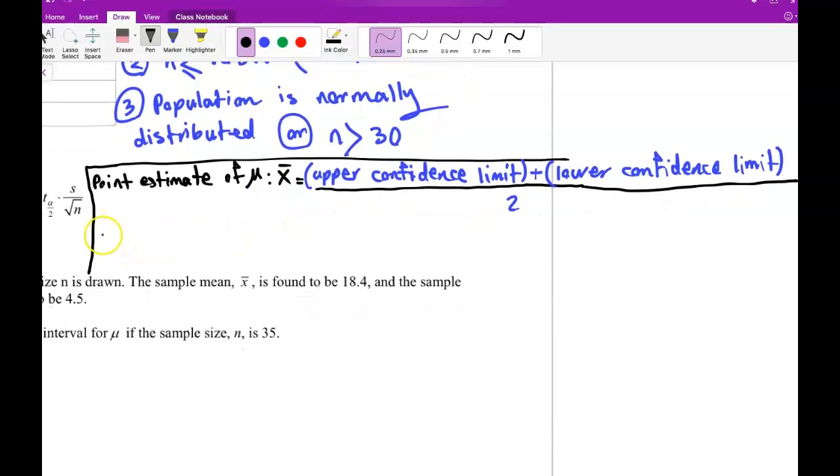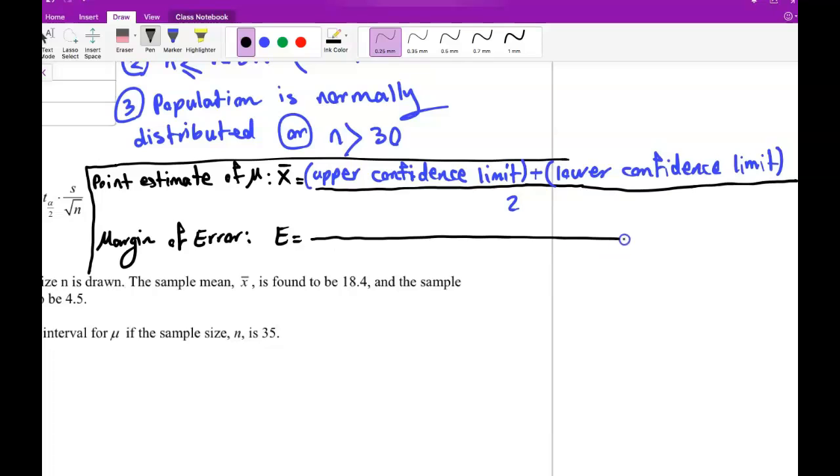Then margin of error. E is equal to, we have exactly the same thing. The only difference here on top we had plus.